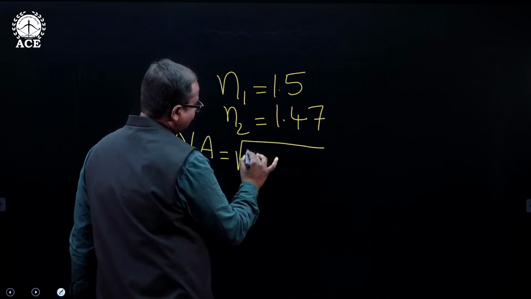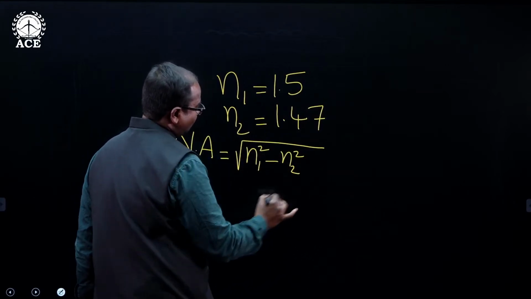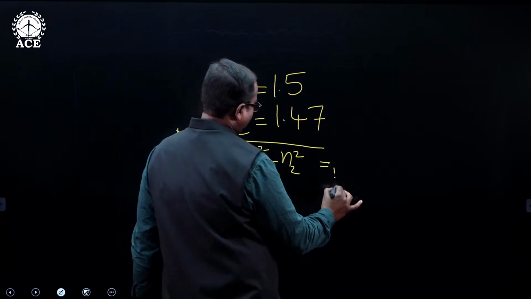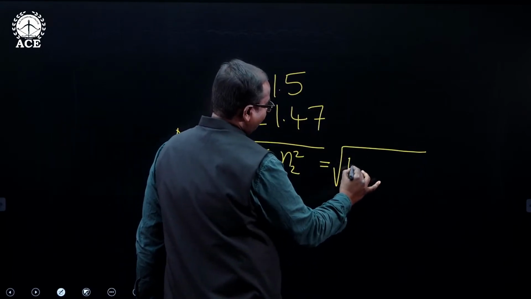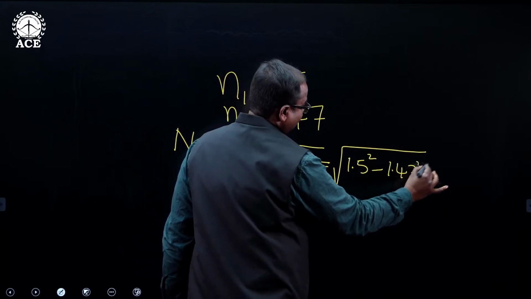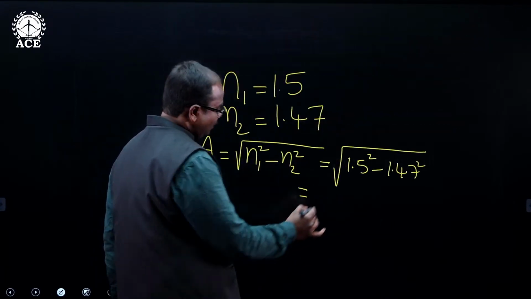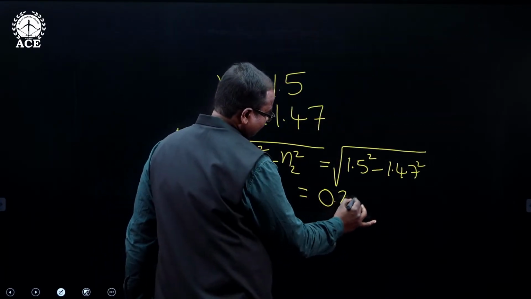You can directly substitute in this expression: root of n1 square minus n2 square, that is root of 1.5 square minus 1.47 square. The answer would be 0.298.